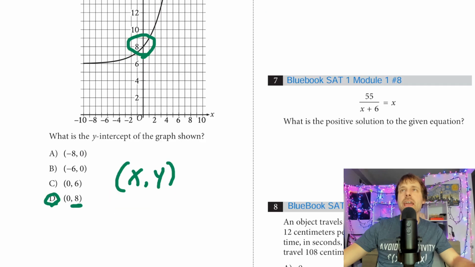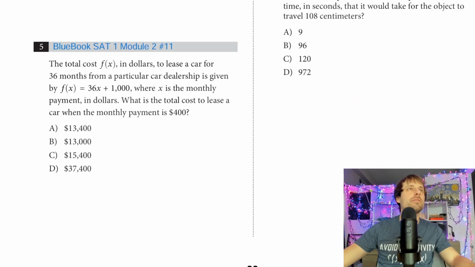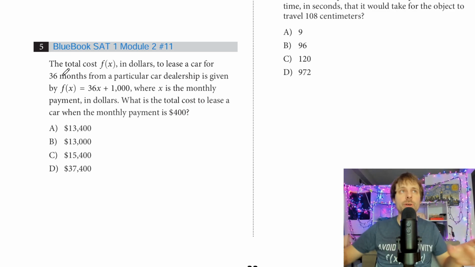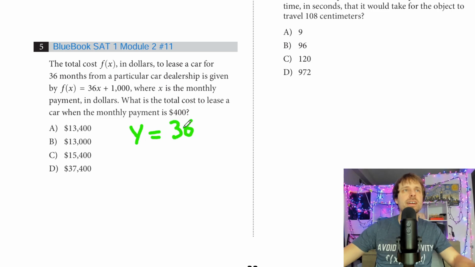Okay. And looking at number 5, we have f of x to lease a car for 36 months from a dealership is equal to 36x plus 1,000. So already pause. Let's master our linear equations. What does this equation mean? I'll kind of rewrite it down below. If my y is equal to 36x plus 1,000. So let's finish the context.